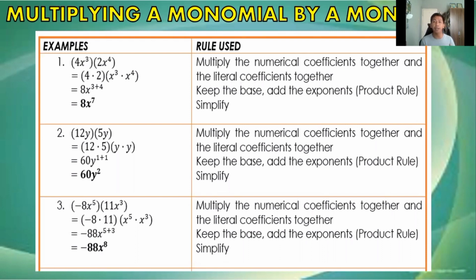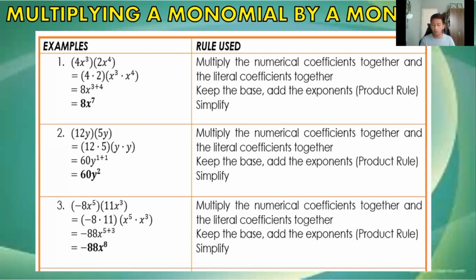So when you multiply a monomial by a monomial, you expect that the product is always a monomial, because a monomial is an expression that has only one term. The coefficients of the monomials are multiplied together, and then the variables are also multiplied using one of the laws of exponents.